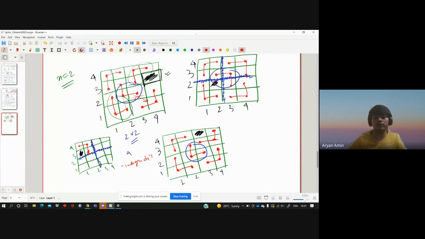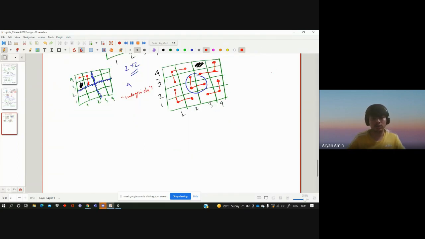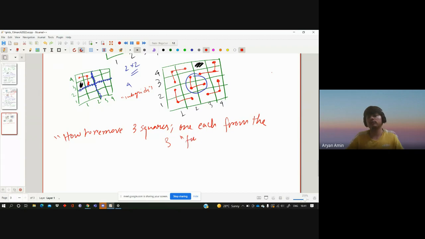Someone had pointed out that... let me give you a minute to think about it maybe. Okay, so the question is how to remove three squares, one from each of the three full subgrids. Does the question make sense?